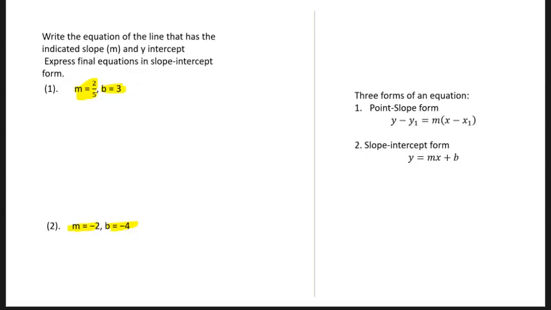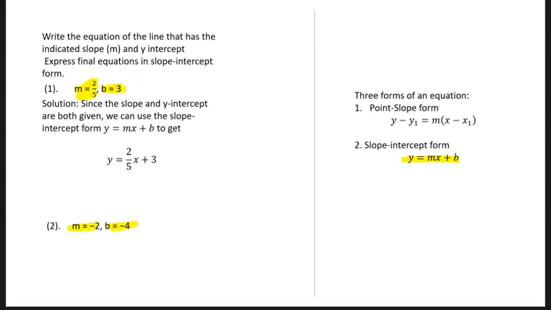In that case, it's much quicker to just plug them into the second formula, because all you have to do is replace m with the slope given and b with the y-intercept given. So you plug in 2/5 and plug in 3, and you get the answer immediately. Same thing with the second one: plug in -2 and plug in -4. This is called the slope-intercept form.